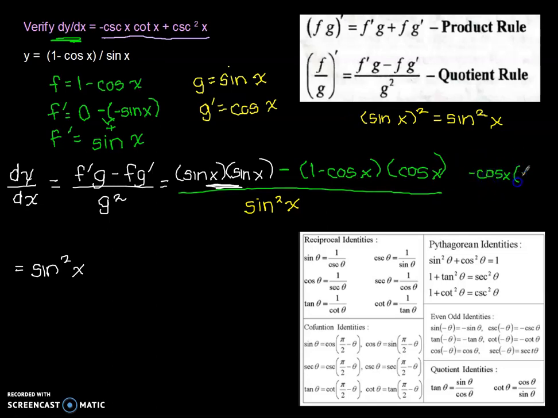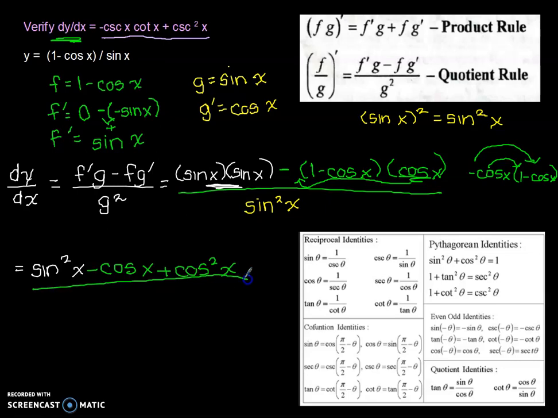Negative cosine of x times 1 minus cosine of x: negative cosine of x times 1 is negative cosine of x, and negative cosine of x times negative cosine of x is plus cosine squared, all over the denominator, which I haven't used at all.